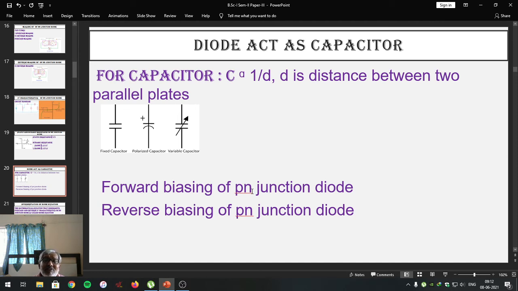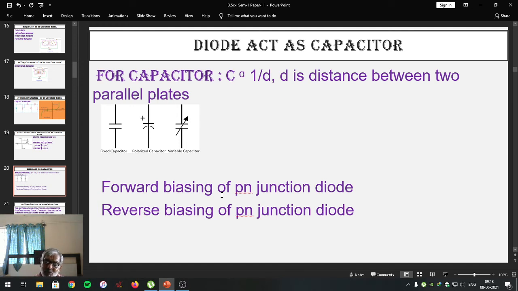What have we studied in the p-n junction diode? When a p-n junction diode is forward biased, look here, the width of the depletion layer decreases. On one side there is a P region, on the other side there is an N region. For a capacitor also, on one side there are positive charges, on the other side negative charges.